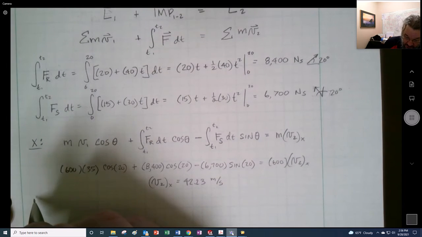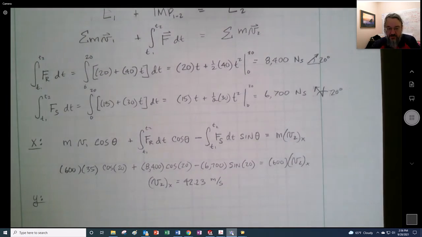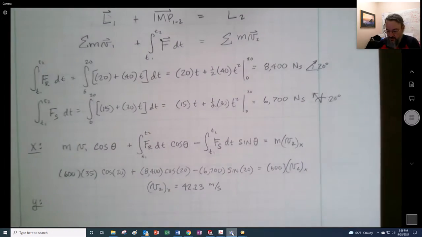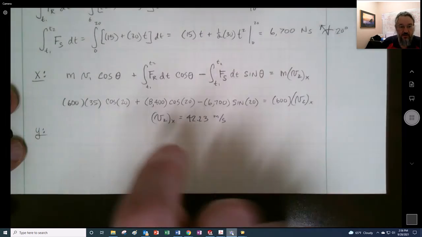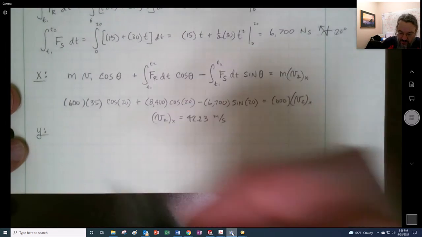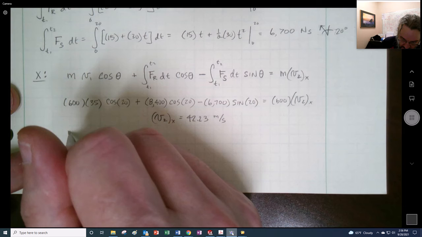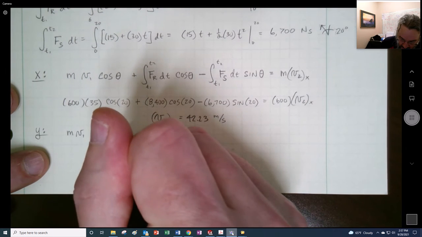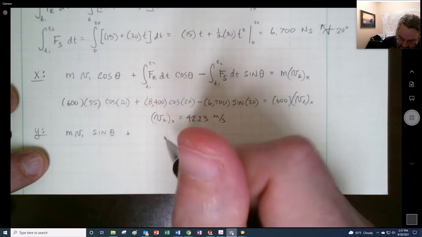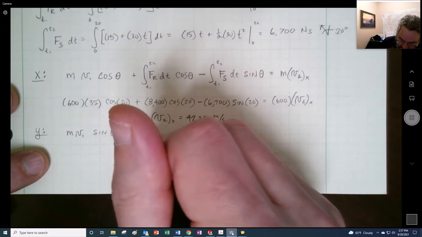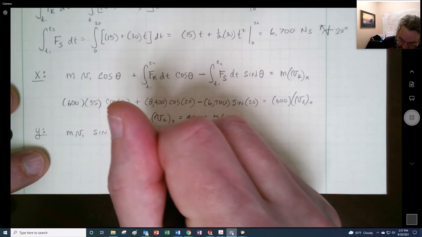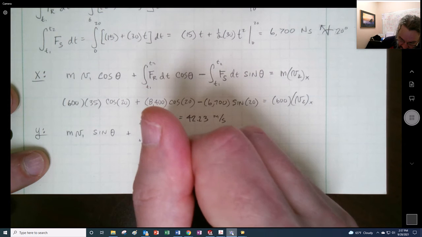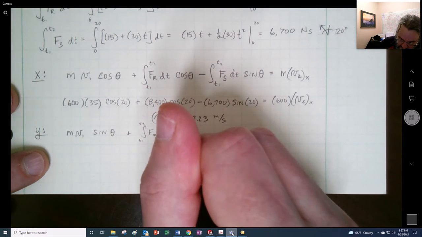Now I'm going to do the same thing for the y direction. And I'm almost tempted to not write out this part of it here, just put the numbers in, but I'll go ahead and put these in here. m v1 sine of theta plus the integral from T1 to T2 of FR dt.